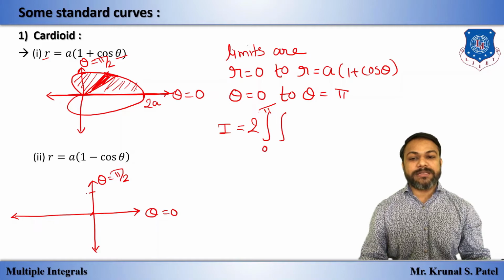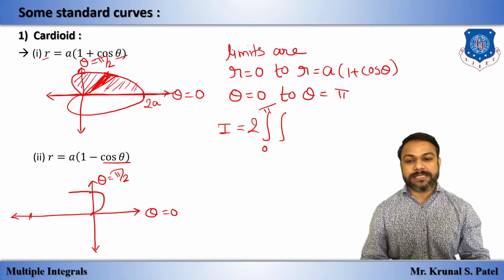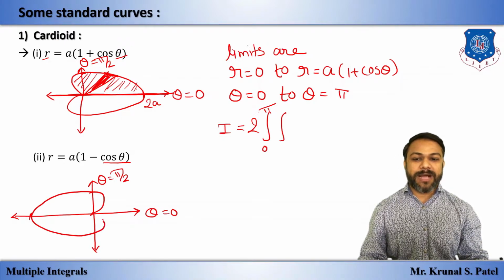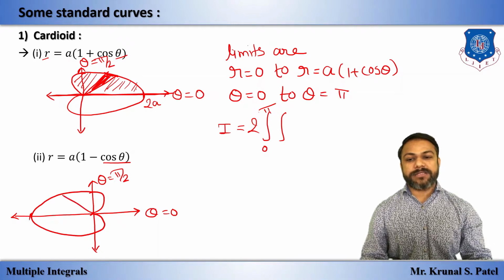For pi by 2 it is a, and for pi, cos pi is minus 1, so minus minus plus, we have 2a. So we have this. Yes, that means reverse, just only that.